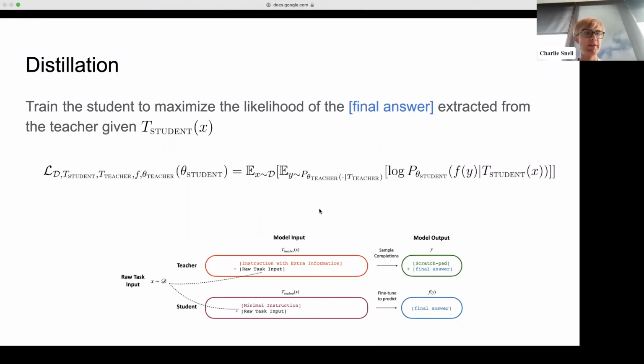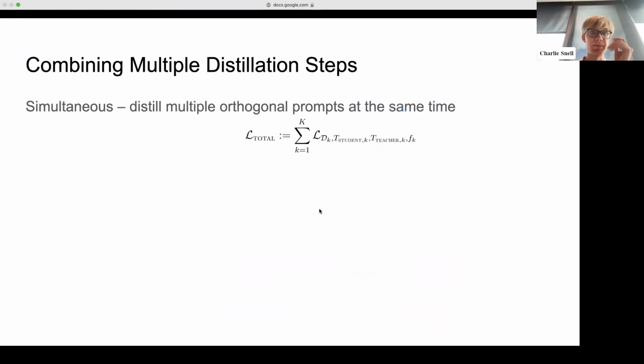Now, once we have this distillation process, we can do some interesting things. Normally when you prompt a model, you can only give it a single prompt, and it's kind of awkward or unclear how to take multiple prompts and get a model that can handle all of them at the same time. Context distillation enables a natural way of doing this. There are two ways you can combine multiple distillation steps or distill multiple prompts.